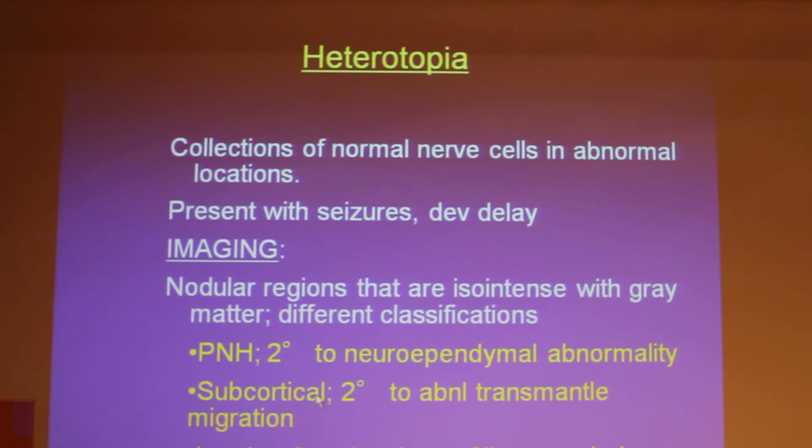It can become subcortical when you do have an abnormal transmantle migration, and it may sit in a very laminar band heterotopia. And then it looks very much like the second group that we had talked about, lissencephaly. So sometimes it can be very confusing to see the difference of the very symmetric heterotopias that have a band type and compare them to a lissencephaly. And actually Barkovich has taken this group and put it back into the lissencephalic group.